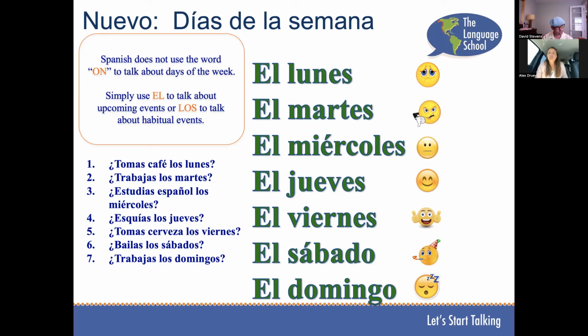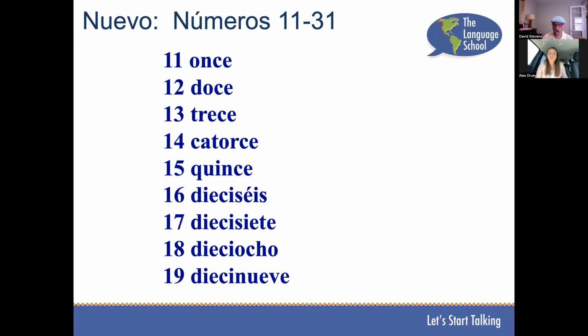No esquío los jueves. ¿Tomas cerveza los viernes? Sí, tomo cerveza los viernes. ¿Bailas los sábados? No bailo los sábados. ¿Trabajas los domingos? No trabajo los domingos. Okay, muy bien.